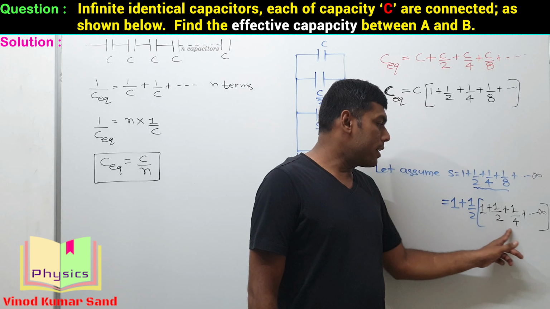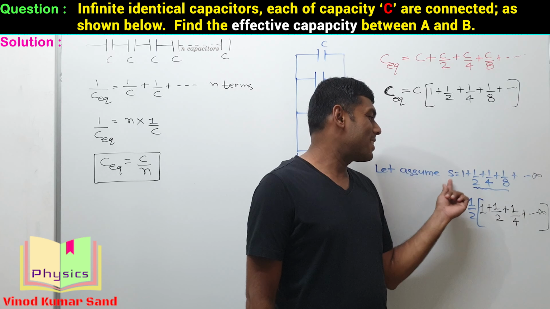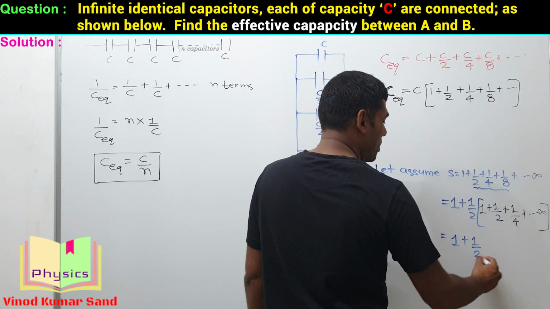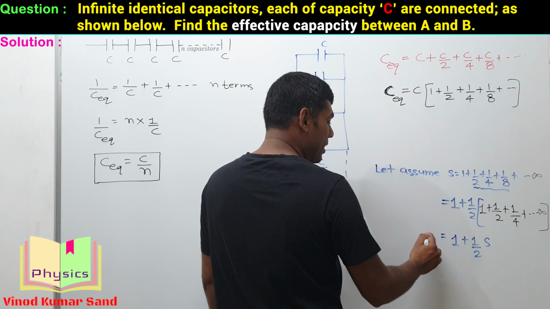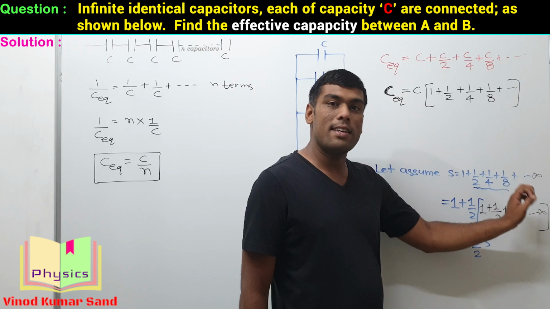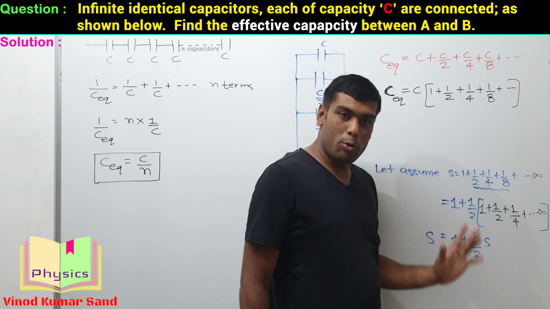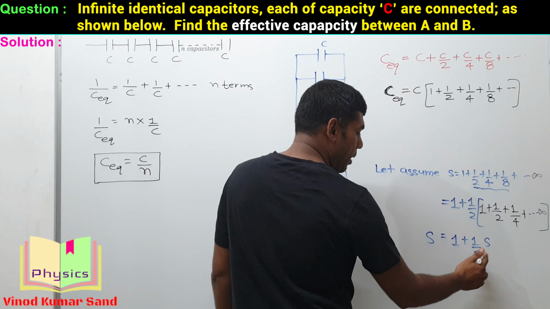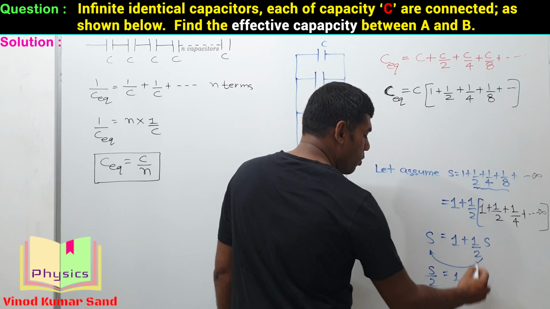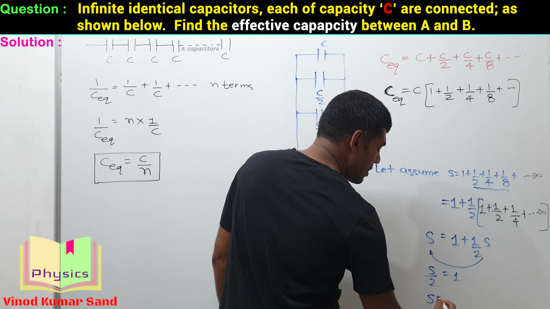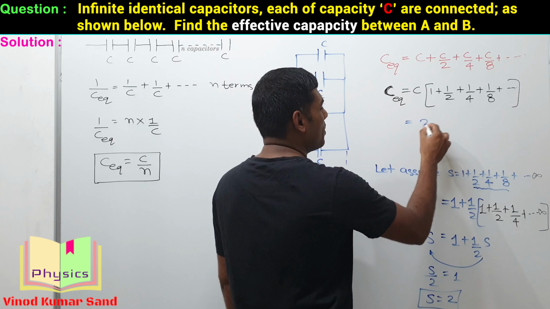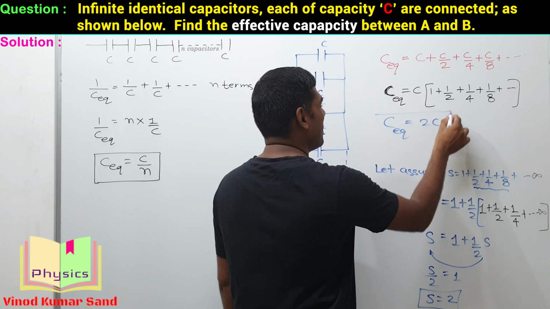Now this entire term can again be written as S. So it is 1 plus 1 by 2 into S, and in the LHS we already have the S. Keep in mind, whenever an infinite series like this is converging, we can do such computations. So S minus S by 2, shifting this term here, we are left with S by 2 is equal to 1. So this gives us that S is equal to 2. Agree? Putting this value of S as 2, the effective capacity comes out to be 2C.